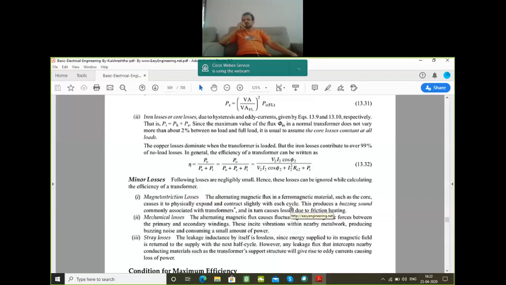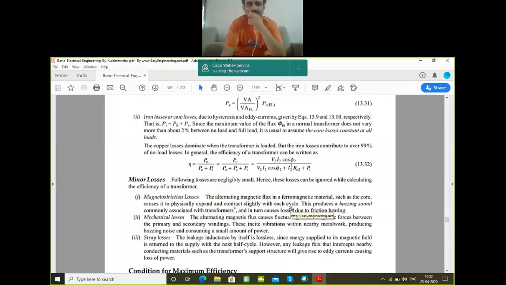This causes the core to expand and contract, which produces the buzzing sound of the transformer, and losses occur due to friction heating. So because of the friction created by the expansion and contraction of the core, there will be losses, which we saw in yesterday's class.